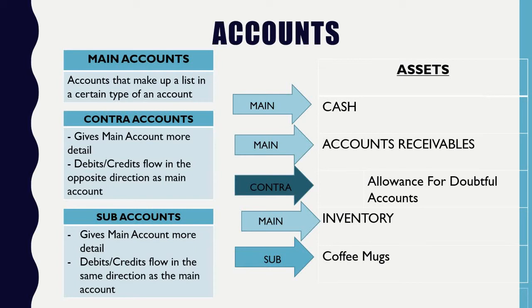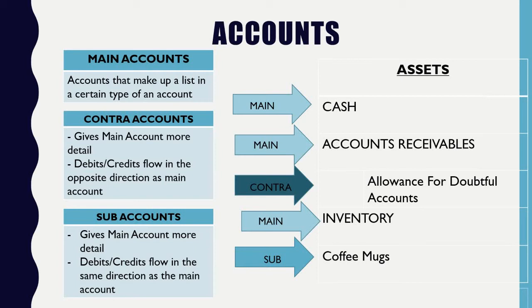So for the first one I want to show you is that for every account type, there's going to be main accounts. Main accounts are going to be kind of like the umbrella organization or the broader category where you can sort your data.